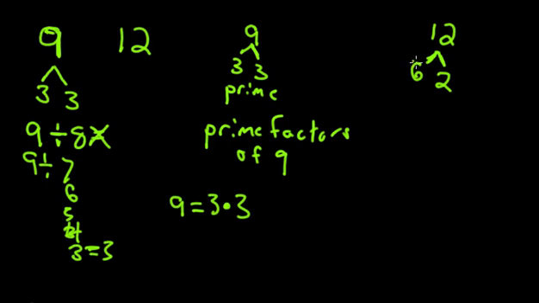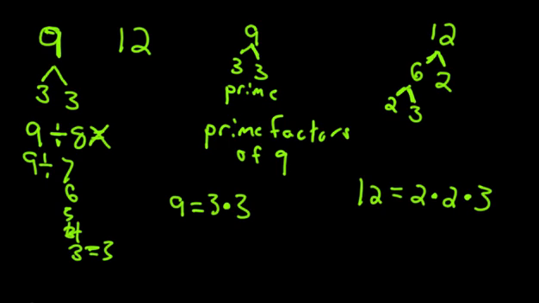But 6 isn't prime, so I repeat this, and I will get 6, 2, and 3. Well, 2 and 3 are prime. So 12 as prime factors is 2 times 2 times 3. And that's how we build factor trees.